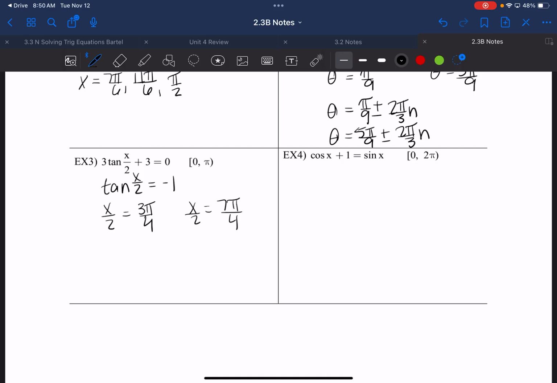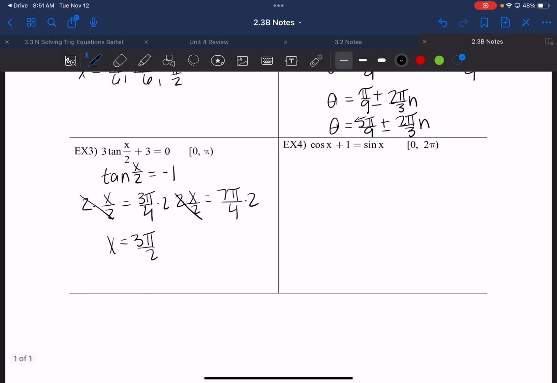So how do we get rid of that 2? Multiply by 2. So those will divide out, multiply by 2. What is 3 pi over 4 times 2? 3 pi halves. And what is 7 pi over 4 times 2? 7 pi halves.